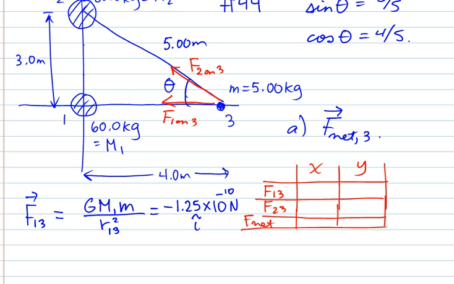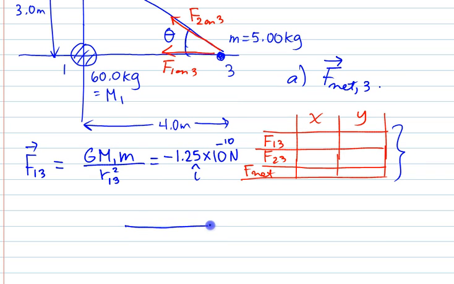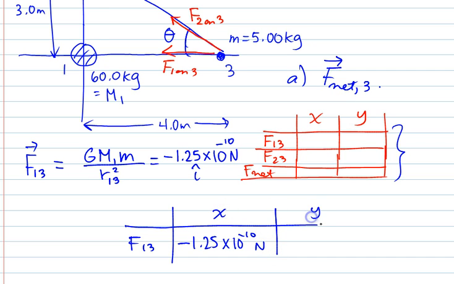So I'll do this table a little bit bigger. Basically what that gives us is F13 with negative 1.25 times 10 to the negative 10th newtons for the x component, and then the y component will be 0.